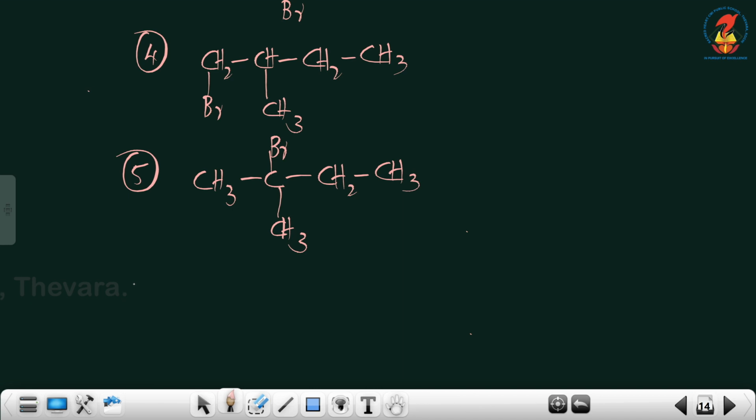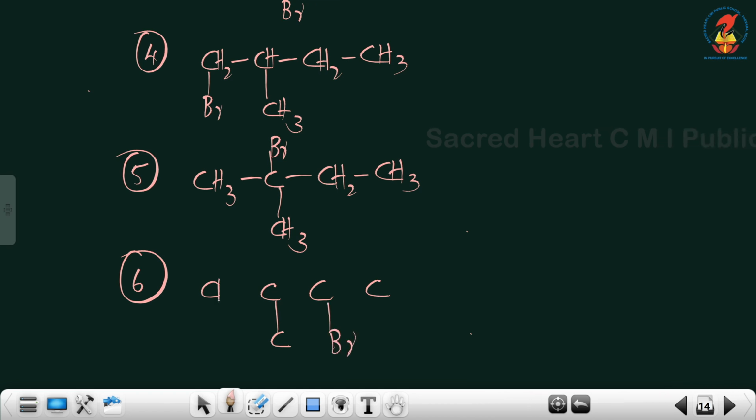Then on the same, I am writing 1, 2, 3, 4, 5 carbon. So the 4 carbon with 1 branch, and the bromine will be on this carbon.